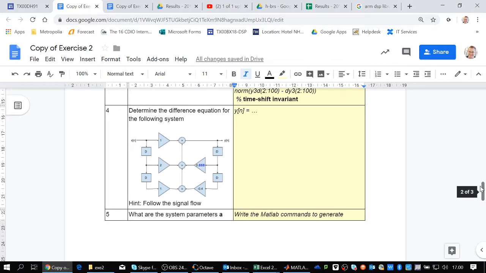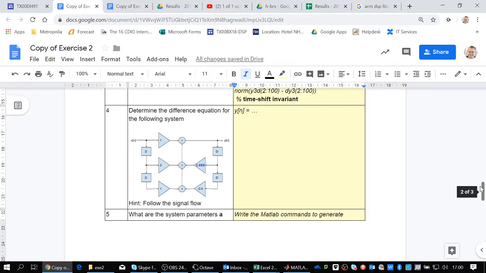What you need to do in this signal flow chart is follow the signal and determine what the difference equation is. So you're looking for y of n from this information. If you have a situation like that, either z minus 1 or D, when you start with the x of n, here you have x of n minus 1, which is delayed again.